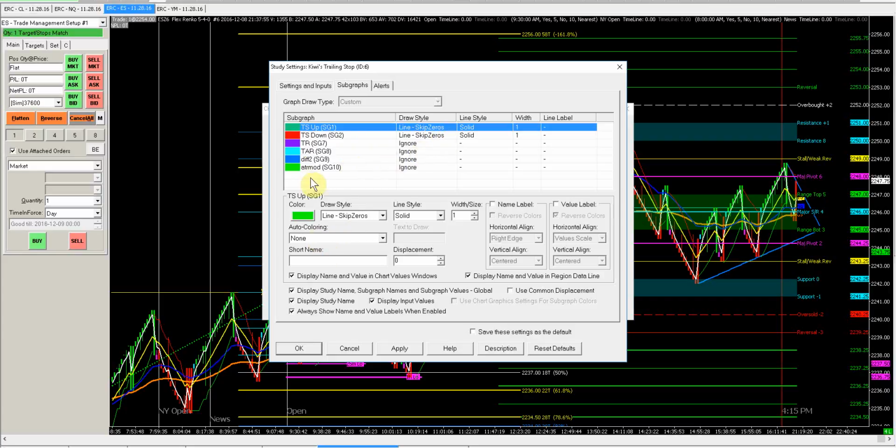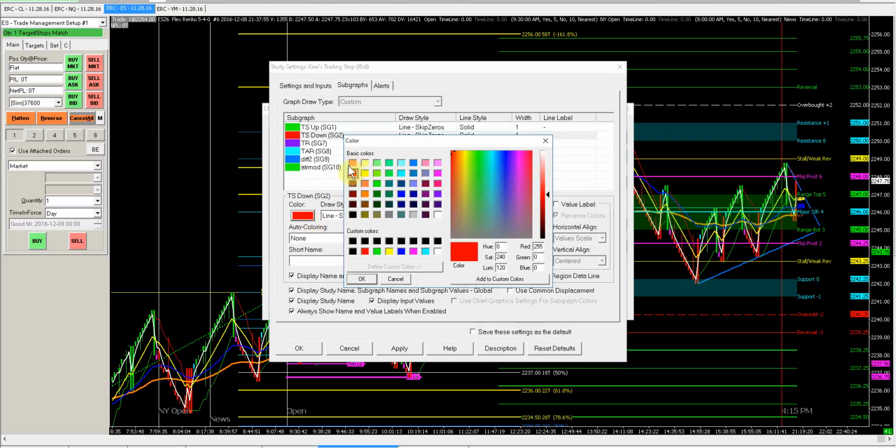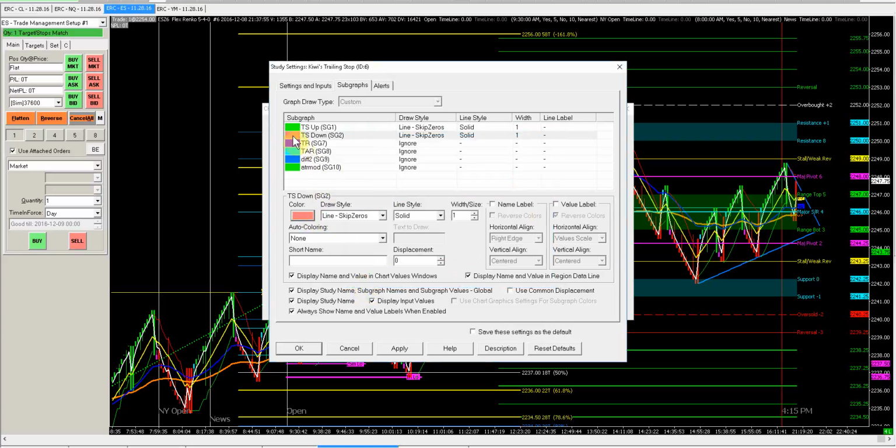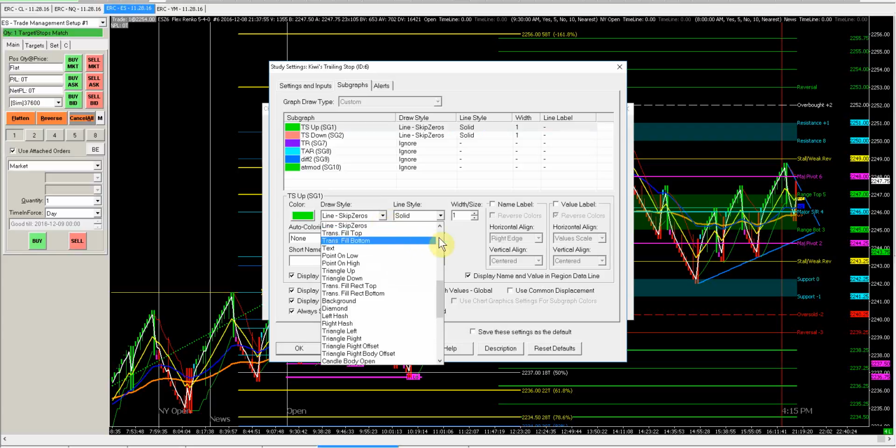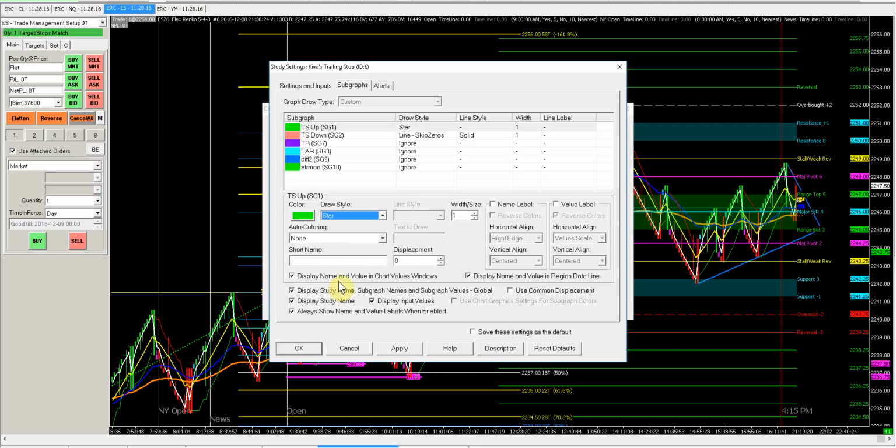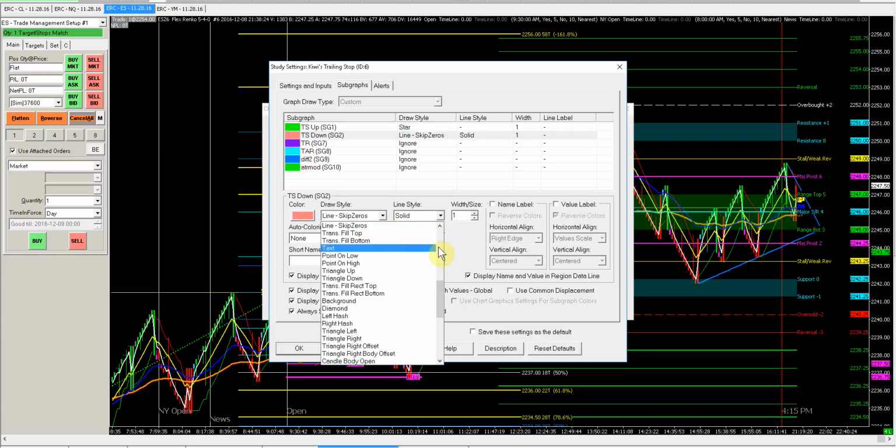My friend Pat likes to put stars on there, so I've put stars on there, just so that when she looks at my chart, she knows exactly what's going on. There's my star. Okay, and then I'll put a star on this one too.